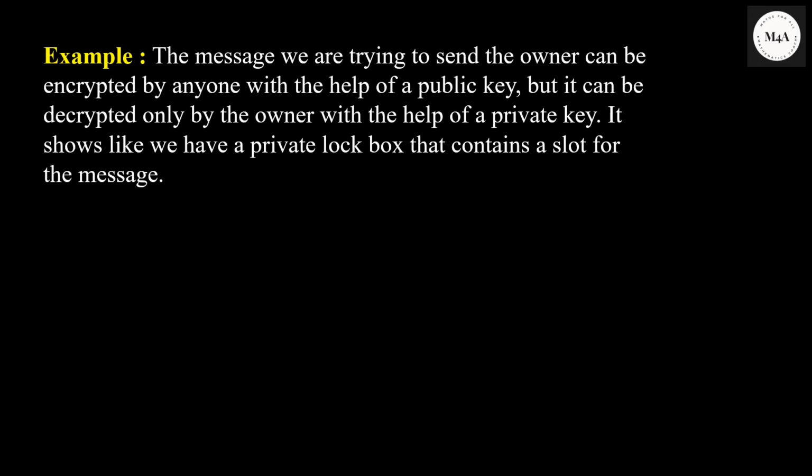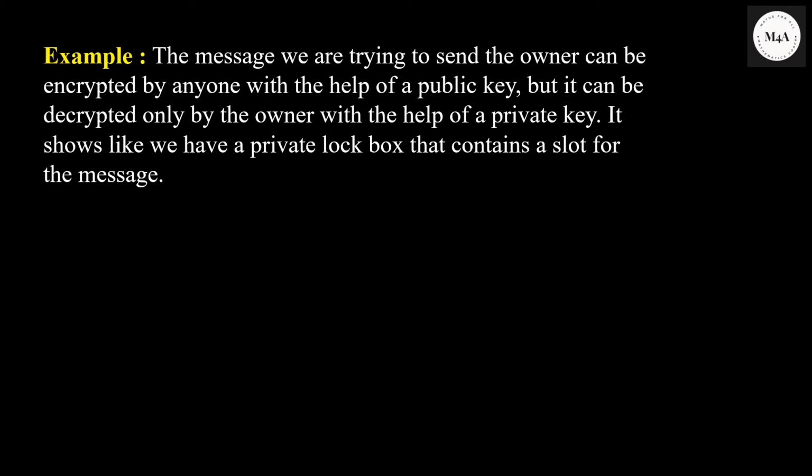For example, a message we are trying to send to the owner can be encrypted by anyone with the help of a public key, but it can be decrypted only by the owner with the help of a private key. If you want to send a message to the owner, you can encrypt it using the public key and send it, but only the owner has the capacity to decrypt it, because he has the private key.